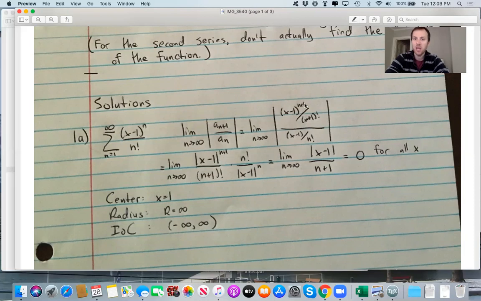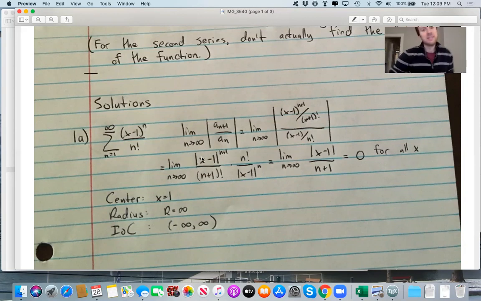So the exponent n plus 1 is now outside the absolute value, and the n, which is supposed to be here, is also outside the absolute value. And n plus 1 factorial and n factorial are positive, so absolute values don't do anything to those anyway. So we put the absolute values on our x minus 1s, and like the ratio test usually goes, take the bottom, flip it, and multiply that instead.